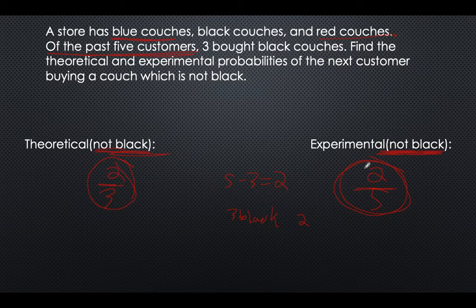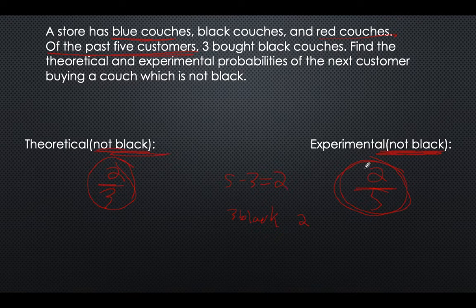So experimental and theoretical are very different. I don't think it requires a lot more work. Your homework, I believe, asks you for both theoretical and experimental, so make sure you've got those nailed down. If you have questions, make sure to ask. Just know that experimental deals with the data from the experiment or the events that are happening.